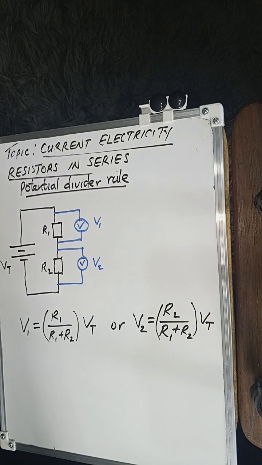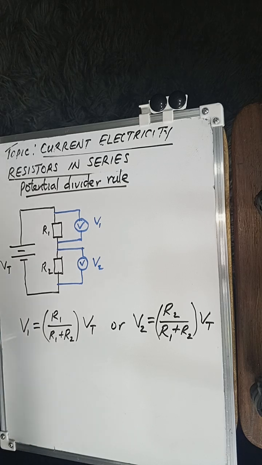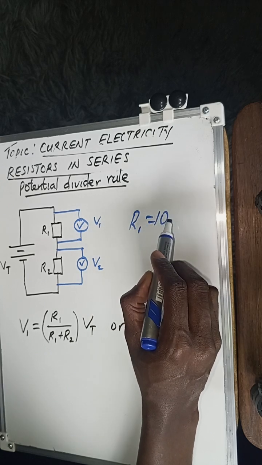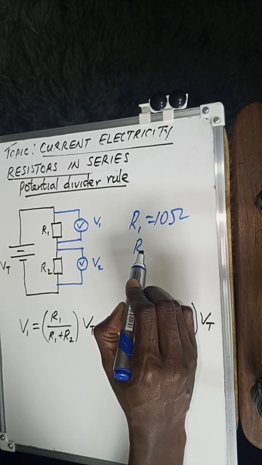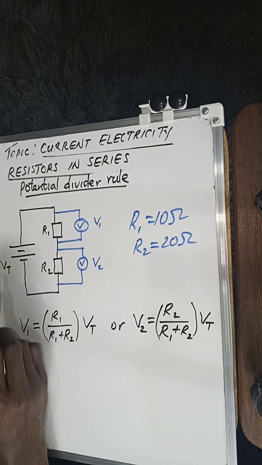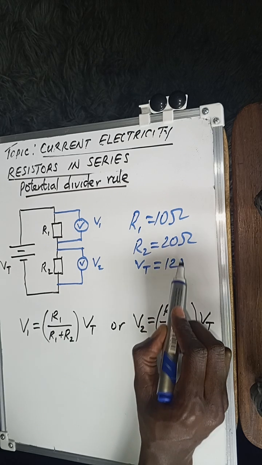Now let me quickly take you back to the previous question that we did. Let's imagine that our resistor 1 is equal to 10 ohms, our resistor 2 is equal to 20 ohms, and the total voltage from the source is equal to 12 volts.